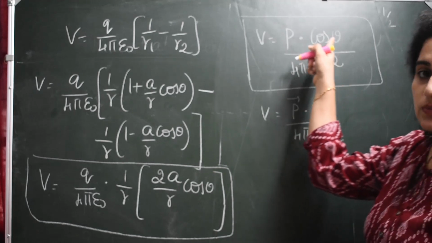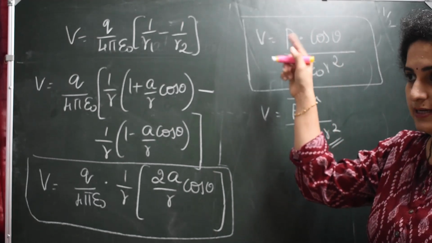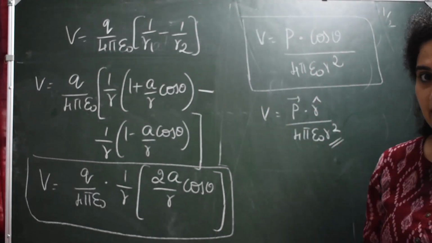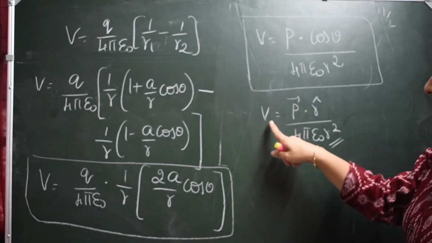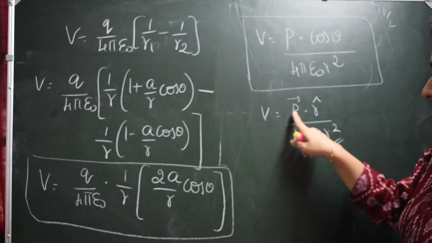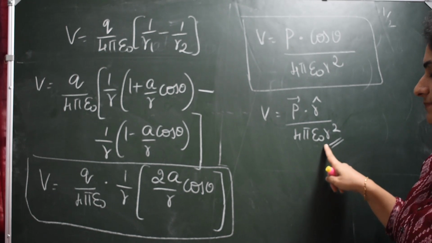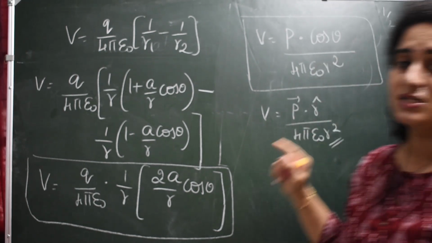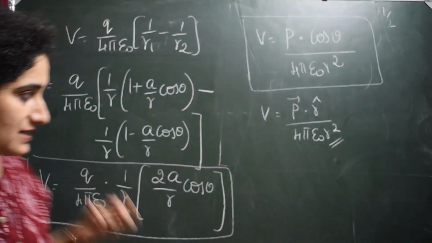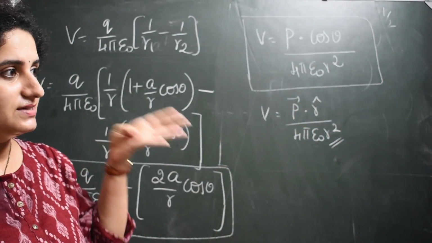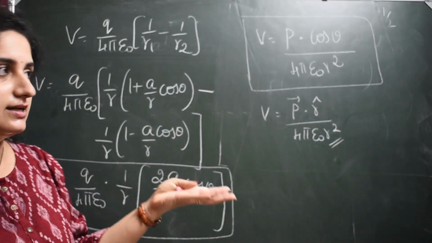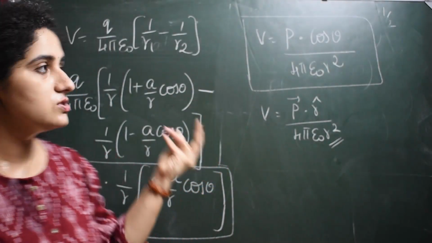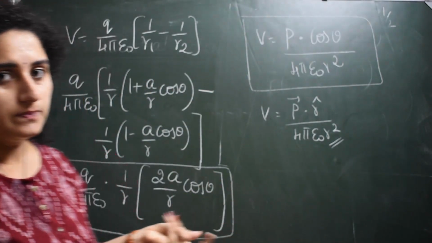If it is 180 degree, that is along the equatorial line downwards, it is minus P divided by 4 pi epsilon naught into r square. Why minus? Because cos 180 is minus 1. But if it is along the equatorial line, theta is 90 degree, cos 90 is 0. So you have potential as 0.